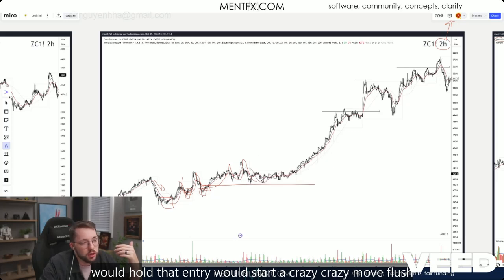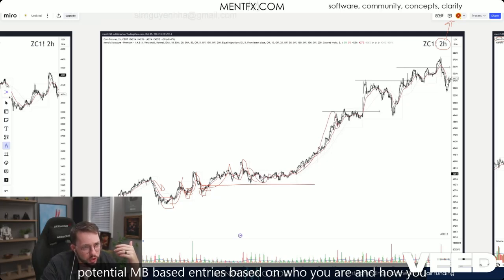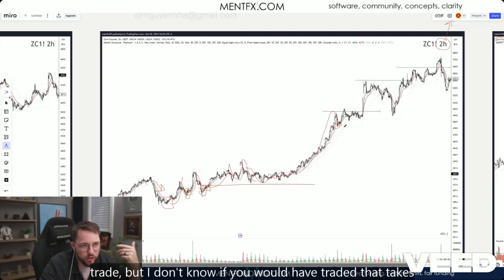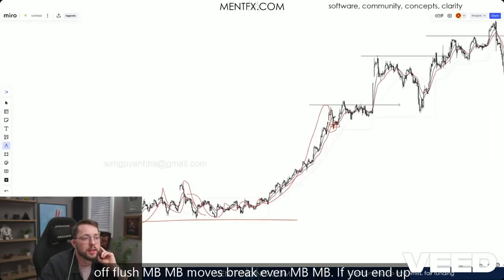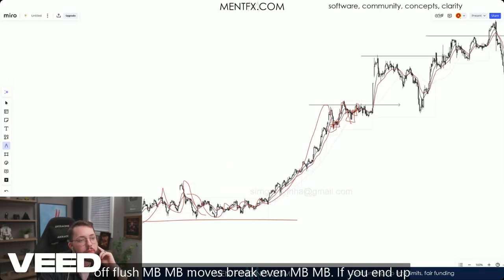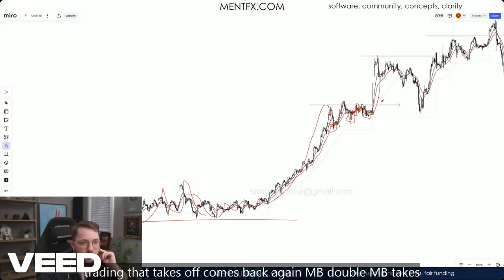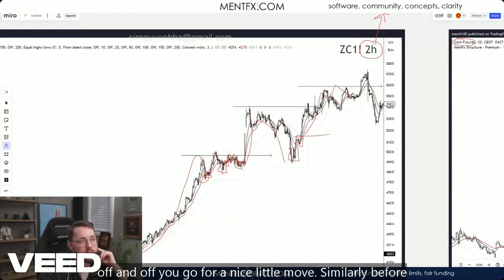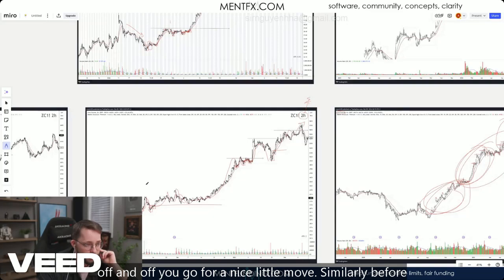That entry would start a crazy move, flush, potential MB-based entries based on who you are and how you trade, but I don't know if you would have traded that. Takes off, flush, MB, MB, moves, break even, MB, MB. If you end up trading that, takes off, comes back again, MB, double MB, takes off, and off you go for a nice little move.